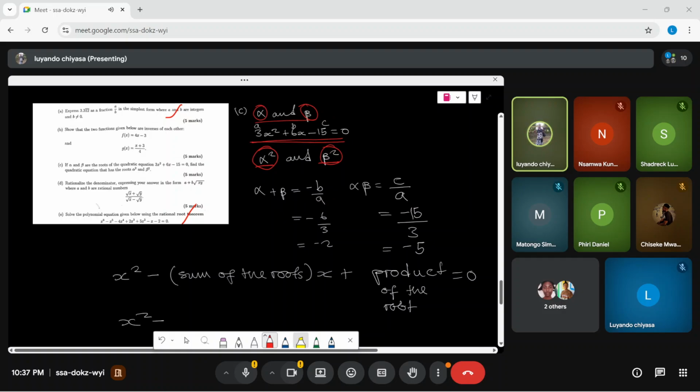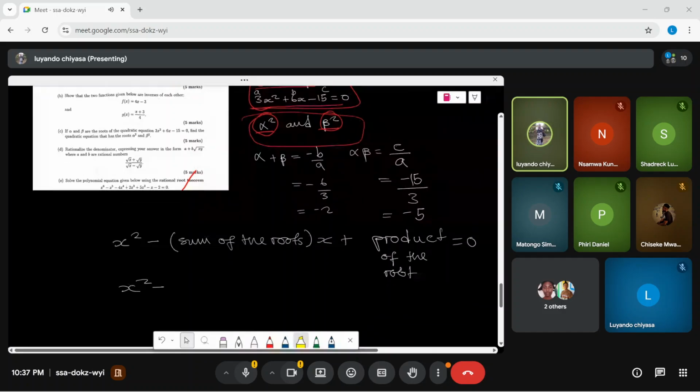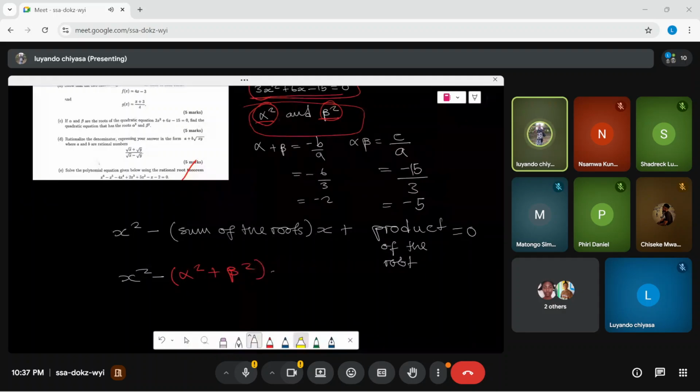Now we are considering the ones that don't have an equation. So the sum of those roots will be alpha squared plus beta squared, with x outside, plus the product, alpha squared times beta squared, is equal to 0.